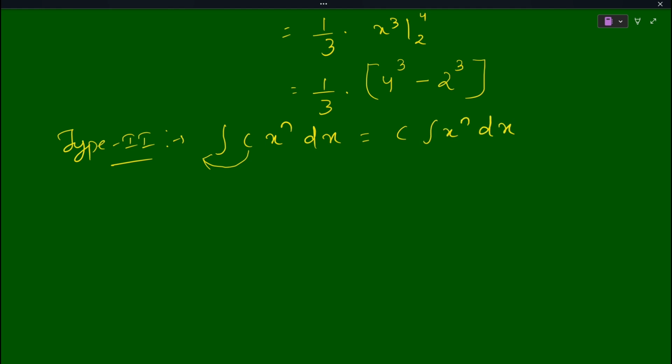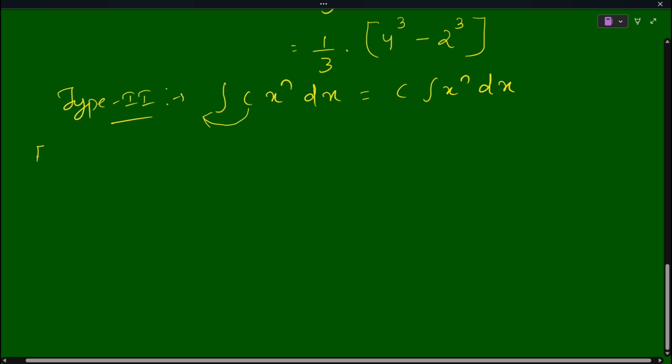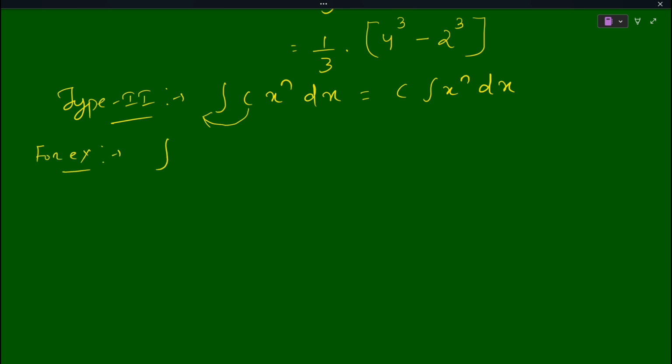For example, suppose we want to find the integration of 2x cube dx. What is the constant here? 2 is a constant, so it will go outside of the integral. Now the value is 2 times the integral of x cube dx. What is the integration of x cube?